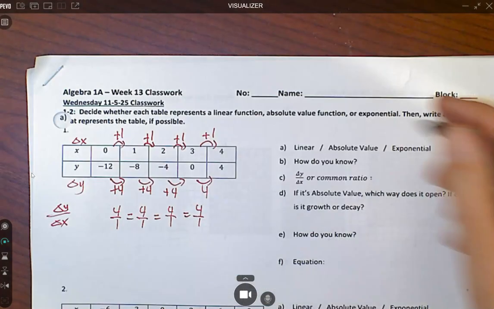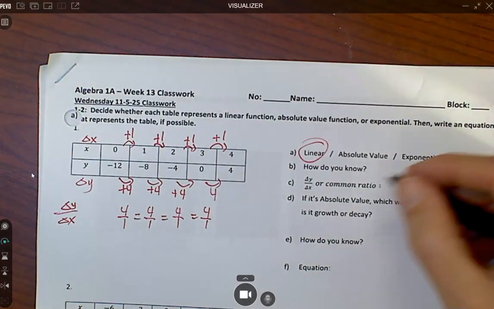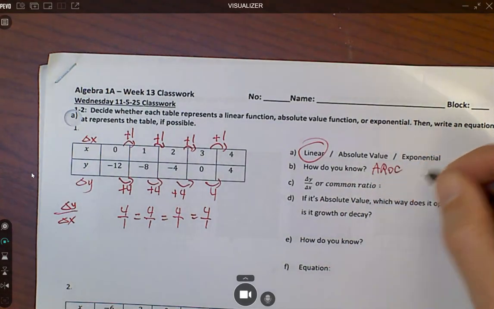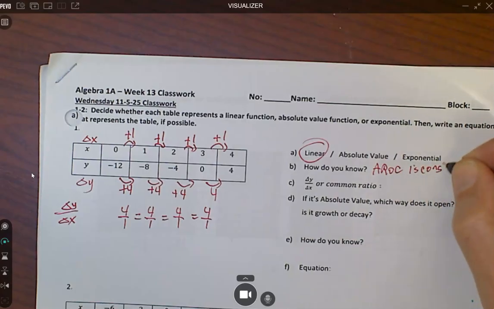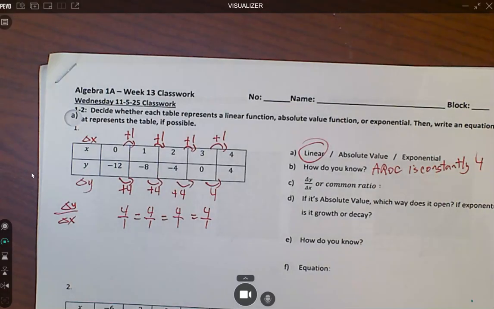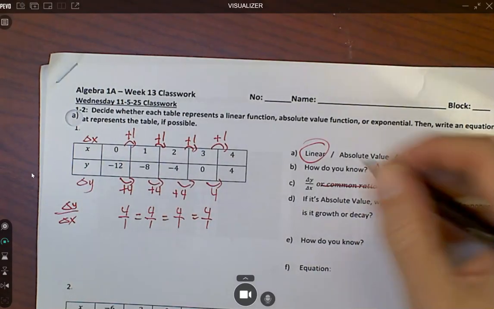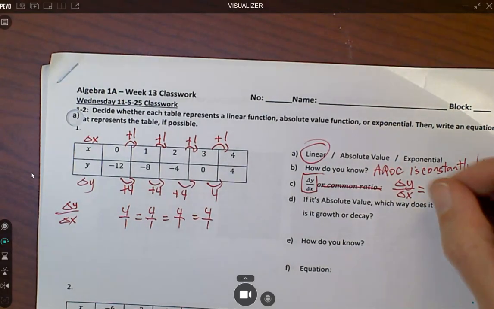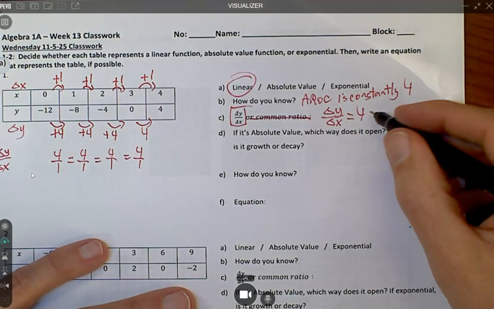Okay, that would make this linear. No common ratio. Change in y over x stayed consistent throughout the interval. And we know that's m.